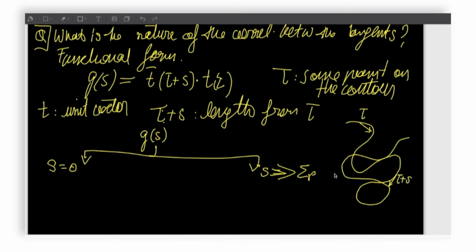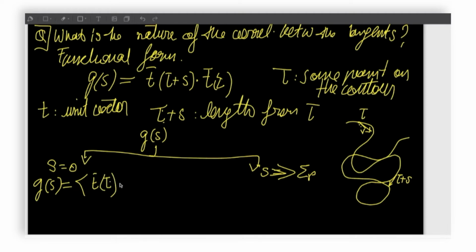And when s is 0, then it's essentially like taking the tangent at the same position. I've drawn it in slightly different directions just for clarity. This would imply that g of s, which is nothing but the dot product of two vectors averaged. I sometimes have been skipping the vector signs, but bear in mind that was not intentional.